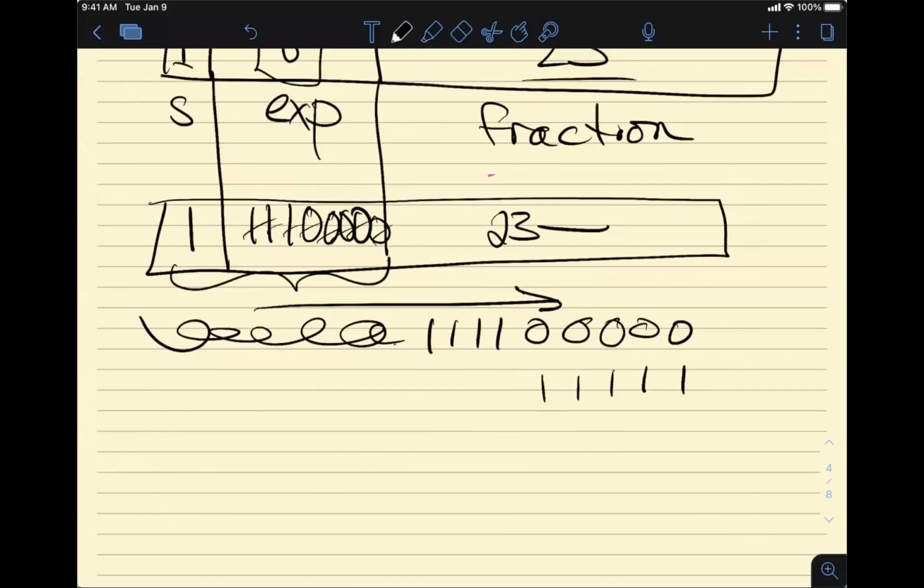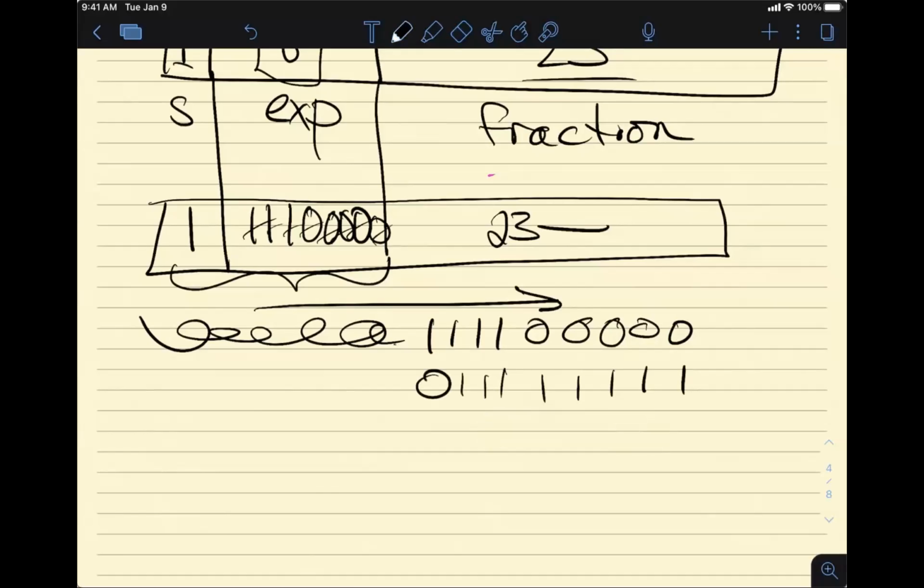So ANDing with FF. So here's an F and here's an F. That means that's a 0. So going bit by bit, that's what the bitwise instructions do.